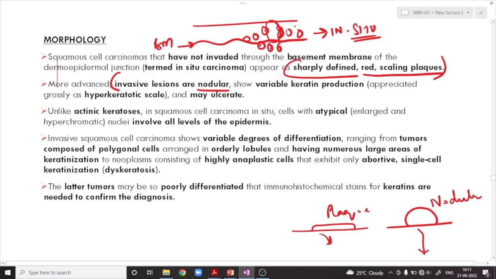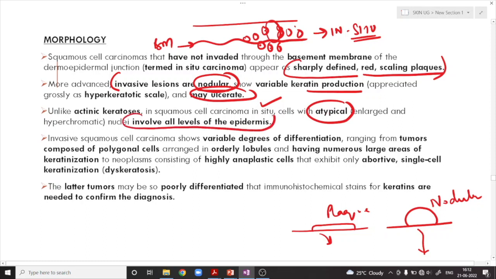Okay, so more advanced invasive squamous cell carcinomas will have a nodular appearance. They will show variable keratin production, and they might show ulceration as well. A very important thing over here is that unlike actinic keratosis, in squamous cell carcinoma in situ the cells with atypical hyperchromatic nuclei involve all levels of the epidermis, whereas in actinic keratosis they are in various levels of maturation.